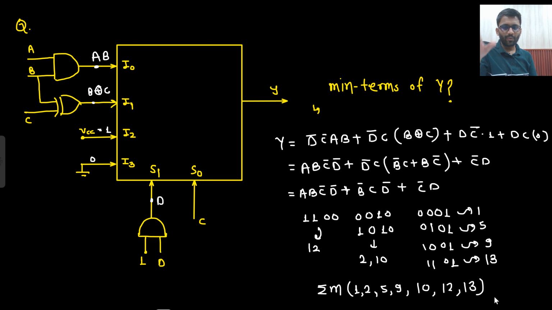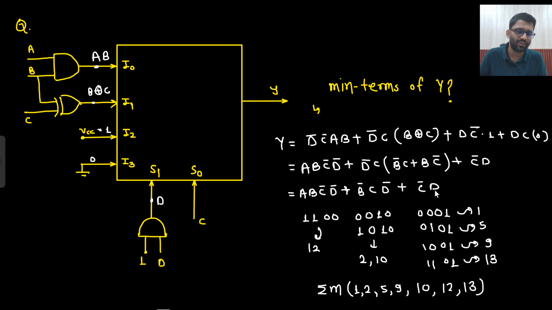Okay, so I hope you have understood. Let's see it again. D bar C bar AB, D bar C B XOR C, D C bar 1, and if DC both are coming, then 0. Then this would be the expression B bar C D bar, and this will become 0, and this would be C bar D, A B C bar D bar, 1 1 0 0, 0 0 1 0 1 0 1 0.